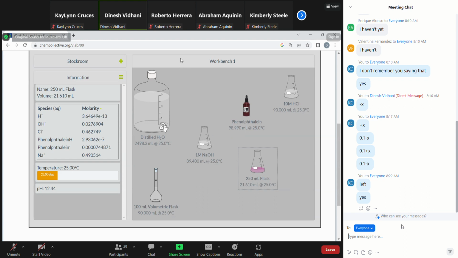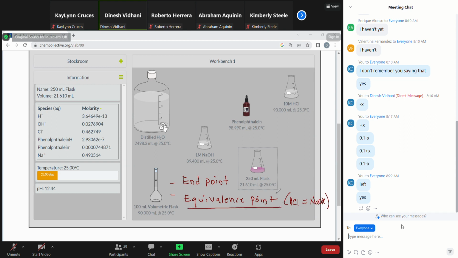Okay, now here you saw two things. One was the endpoint where indicator changes its color. And the second one was equivalence point. What is the difference between that? Equivalence point is where your acid concentration becomes equal to the base concentration, and everything is now neutral.